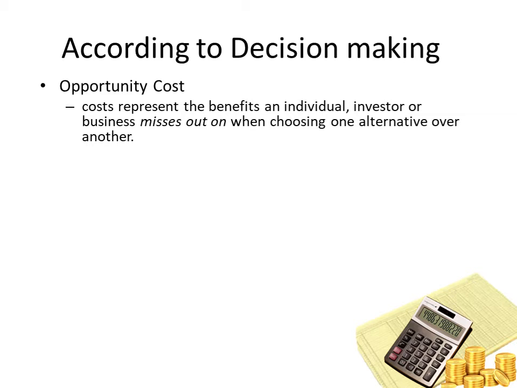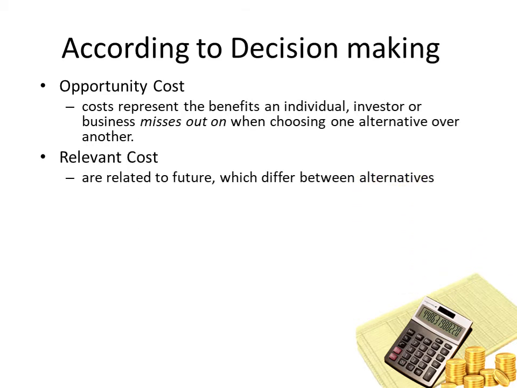Like, for example, now in the pandemic, what is our opportunity cost? Our opportunity cost is our transportation in going to the office because we cannot go to the office. Instead, we have additional costs, which are our internet and electricity, since we are connecting from our respective homes. Okay?